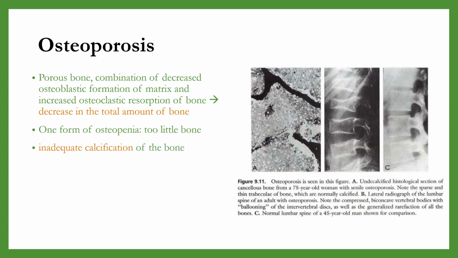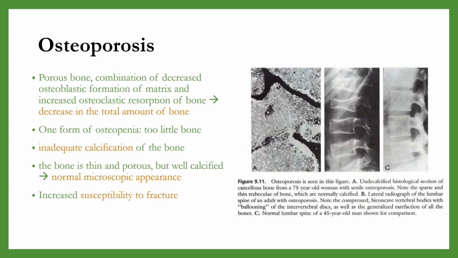There is no inadequate calcification of the bone in osteoporosis. The bone is thin, porous, but well calcified, which results in a normal microscopic appearance. It also has increased susceptibility to fracture.